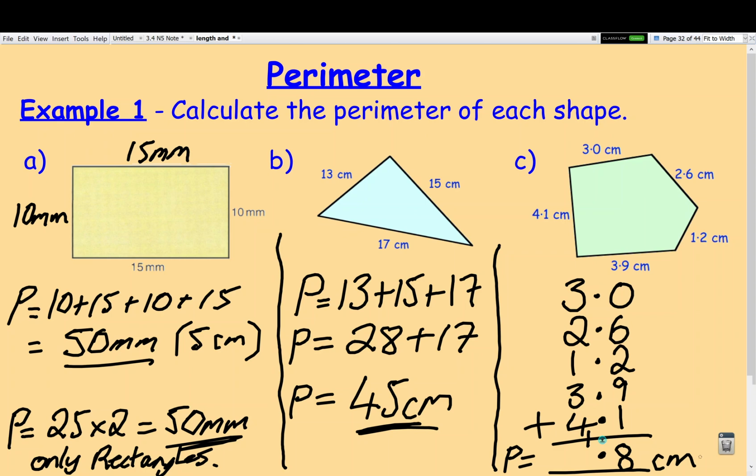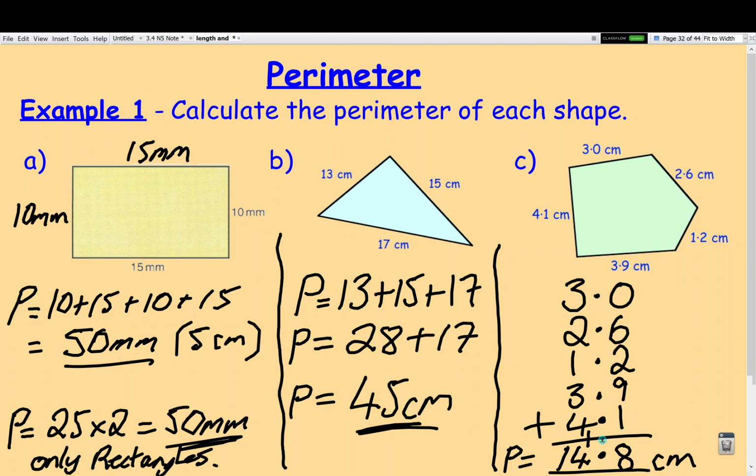Okay, so 3 plus 2 is 5, plus another one is 6, plus 3 is 9, plus 4 is 13, and adding the one that we carried over, so hopefully I've done that right in my head, and it's 14.8 centimetres. So if you're getting those okay yourself, then that's great. We're going to do a wee bit of practice of that in a minute.